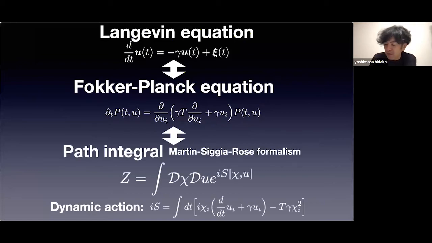That is called the Martin-Siggia-Rose formalism. So you can express this system by using the path integral. If you have the path integral form, you have this action. And if you have the action, then you can define the global symmetry by using this action.